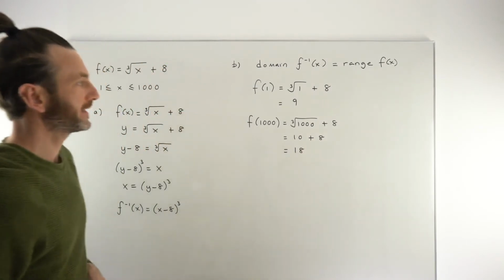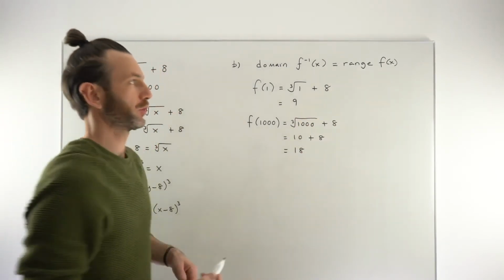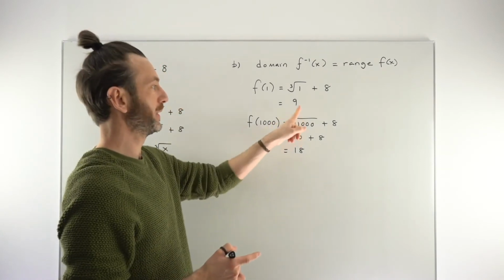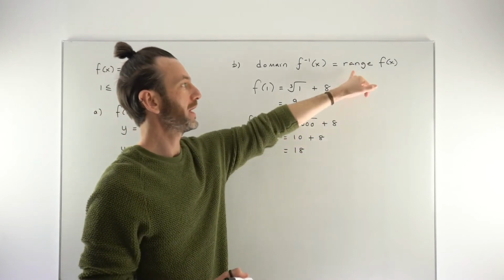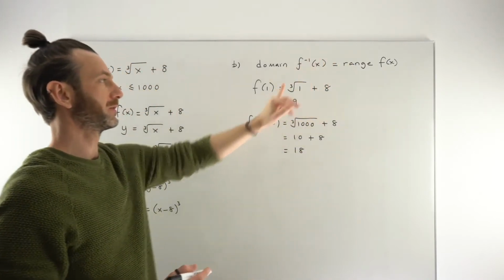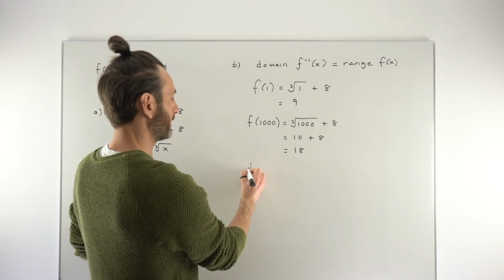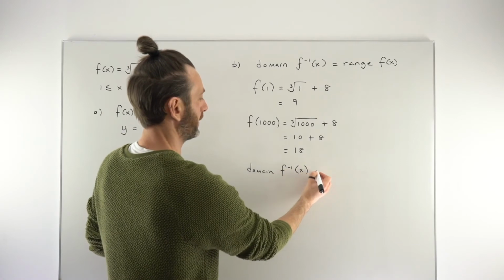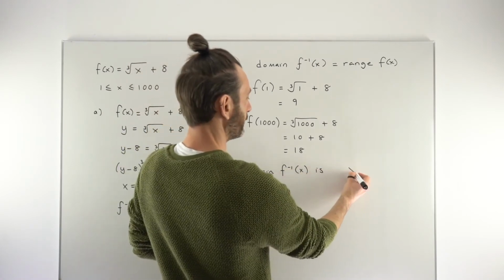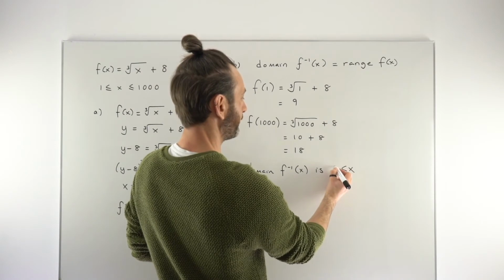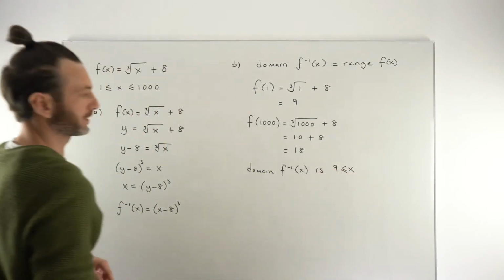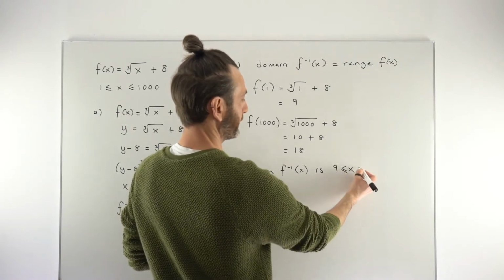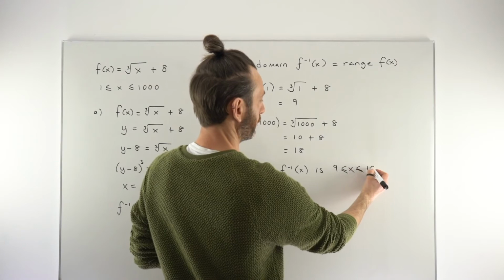So what does that tell us? Well, that tells us that the range of the original function, the values you get out of that function for that domain, is going to go between 9 and 18. But the range of that function is equal to the domain of f to the minus 1. So that tells us that the domain of f to the minus 1 of x is all the x values x greater than or equal to 9, less than or equal to 18.